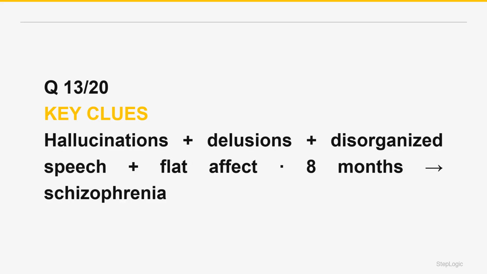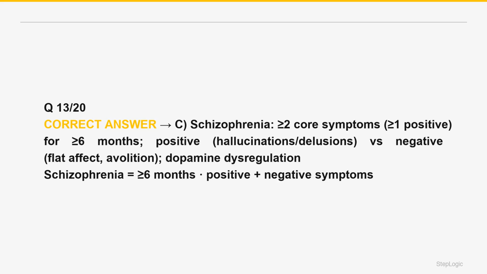These divide into positive symptoms, added experiences, hallucinations, delusions, disorganized speech and behavior, and negative symptoms, deficits: flat affect, abolition, alogia, anhedonia, asociality. The correct answer is C.